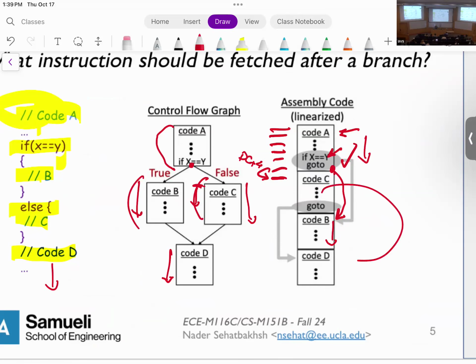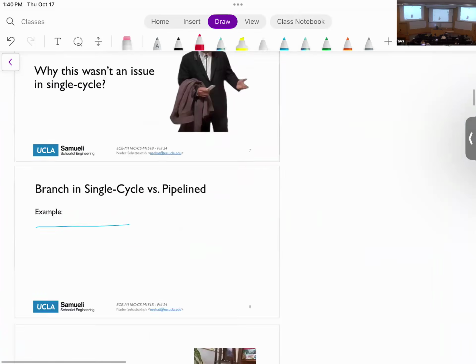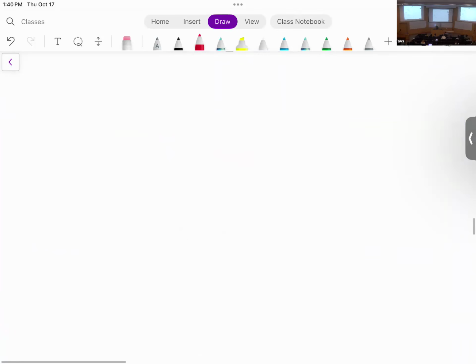If the compiler changes the order of these things based on the behavior of the branch, we can increase the chance of not taken versus taken. This is something the compiler can decide: whether the taken branch is the one happening more frequently versus the not taken one, and then I can reverse this process. So that's the second thing the compiler can do to change the taken versus not taken behavior.